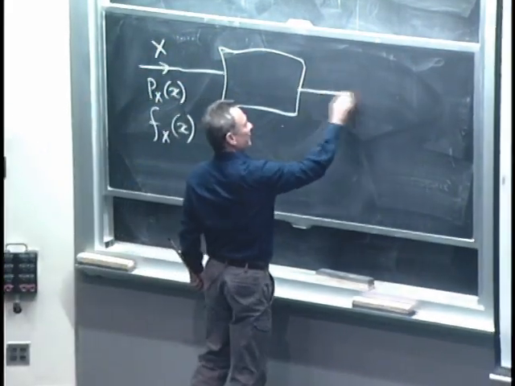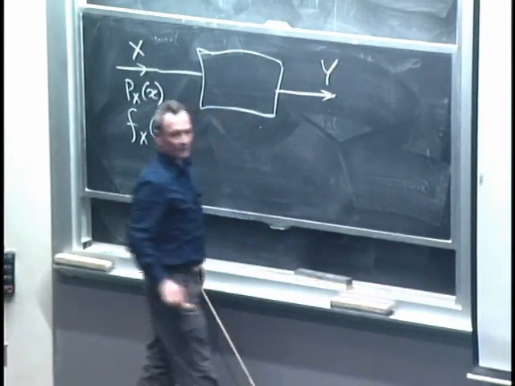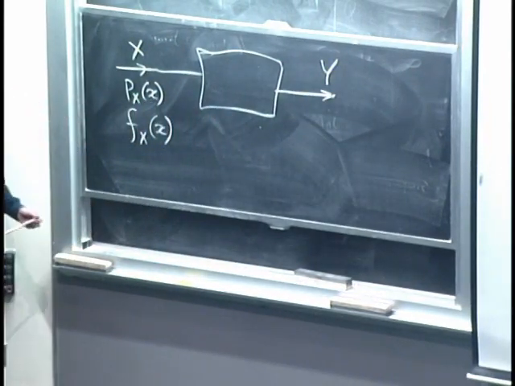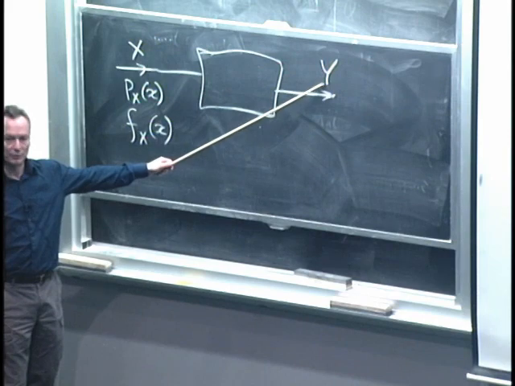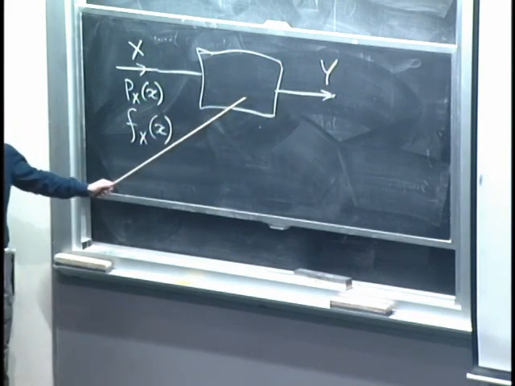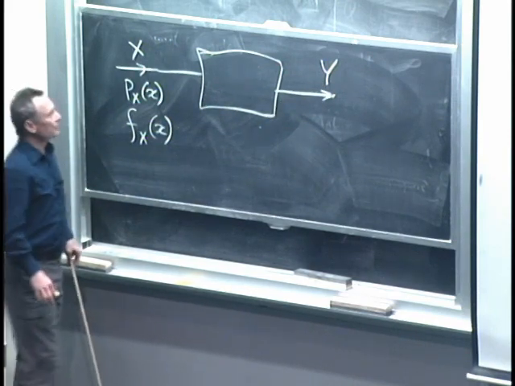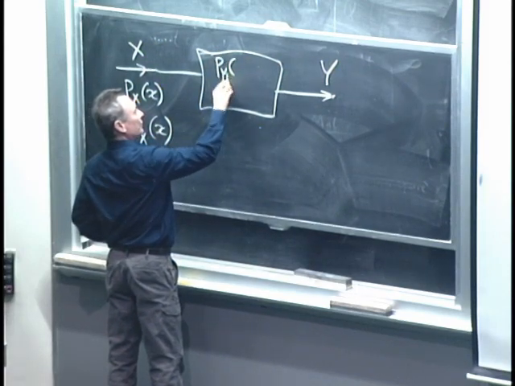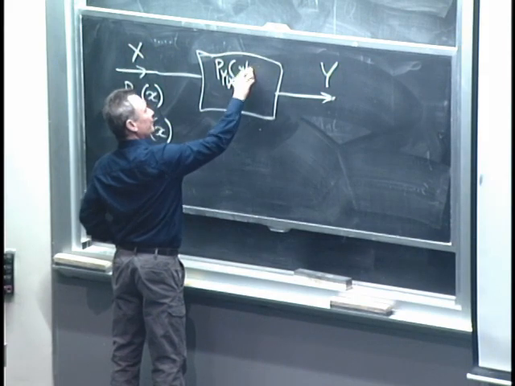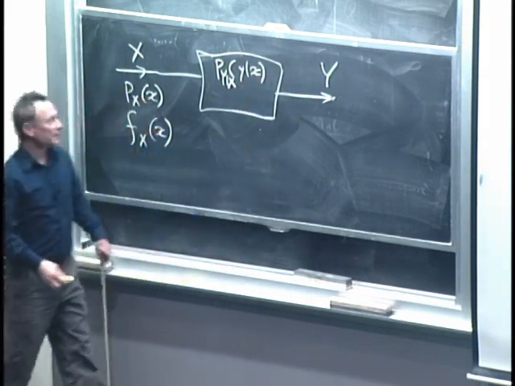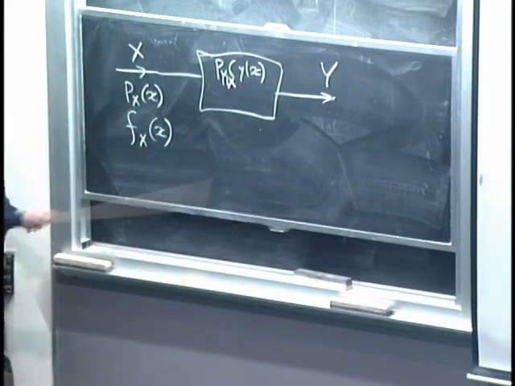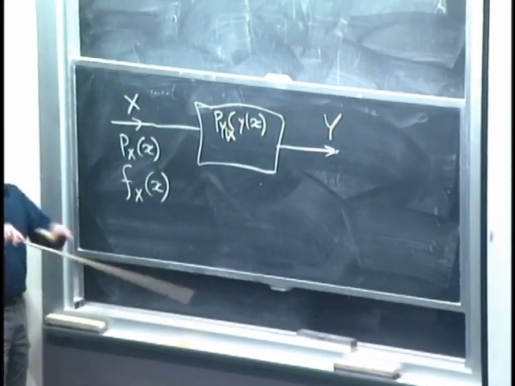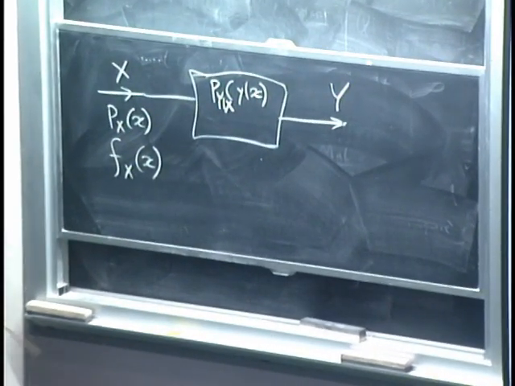And that measuring device produces observable random variables, Y. We don't know what X is, but we have some beliefs about how X is distributed. We observe a random variable Y. We need a model of this box, and the model of that box is going to be either a PMF for the random variable Y, and that model tells us if the true state of the world is X, how do we expect Y to be distributed?